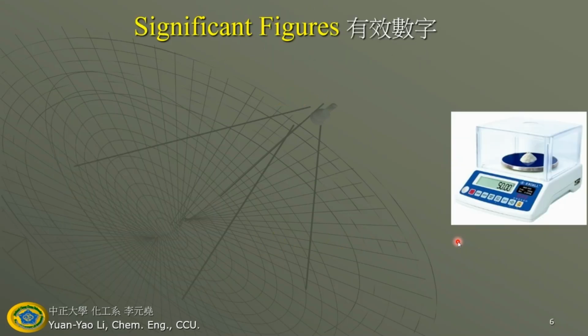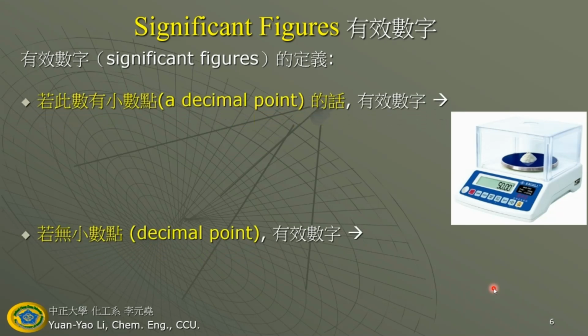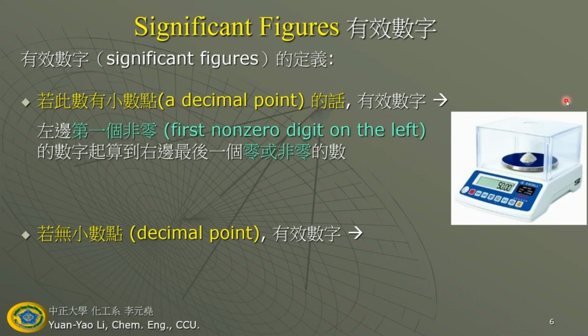Right. So the third term is called significant figures. What is significant figures? If I give you this number, first of all, let's have a definition of significant figures. If this number has a decimal point, the definition of the significant figure is to count from the first non-zero digit on the left to the last digit, zero or non-zero.